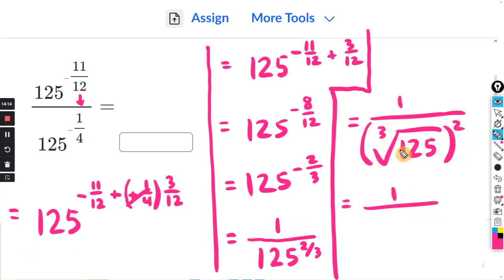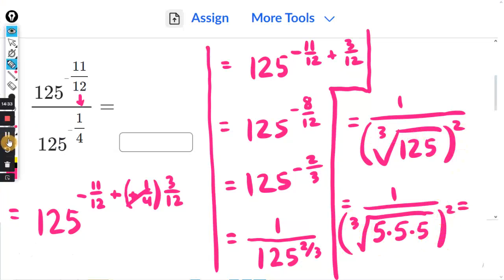What multiplied 3 times will give you 125? Well, 125 is the equivalent of 5 times 5 times 5, and that entire quantity is squared. So we have the 1. The third root of 3 5s is just going to be a 5, and that's squared.